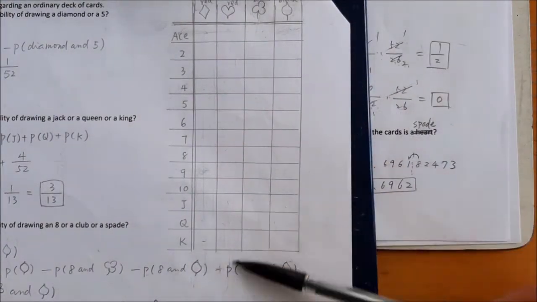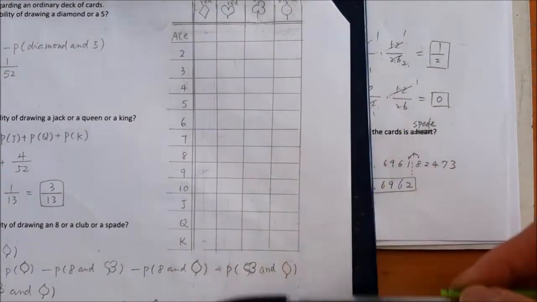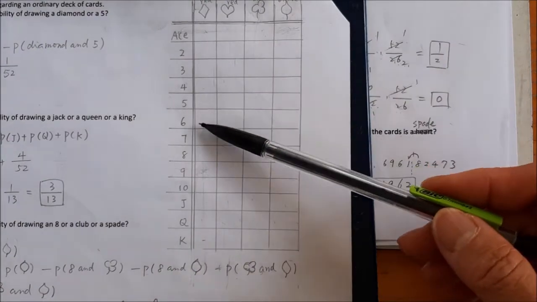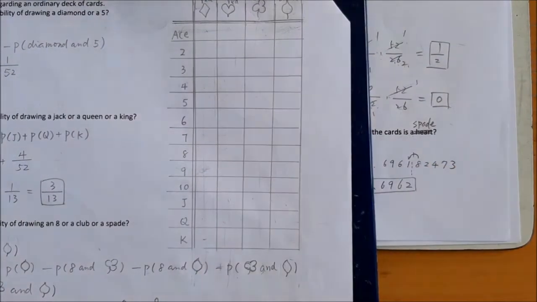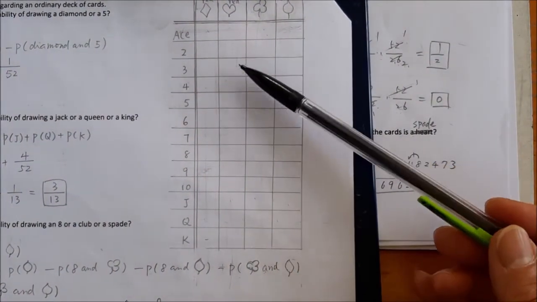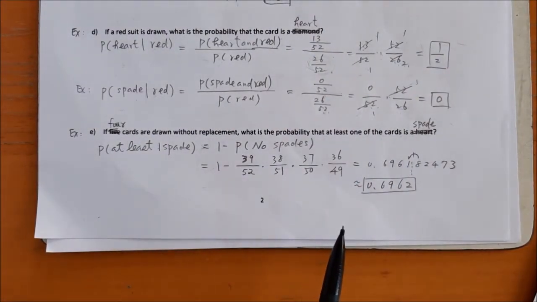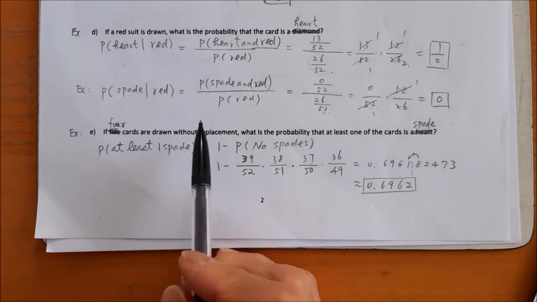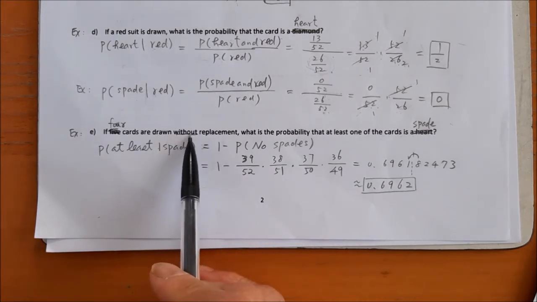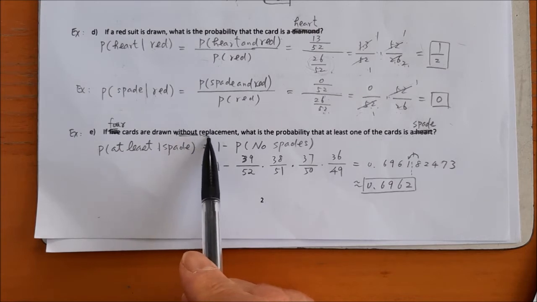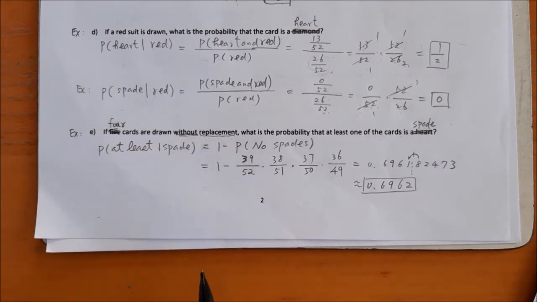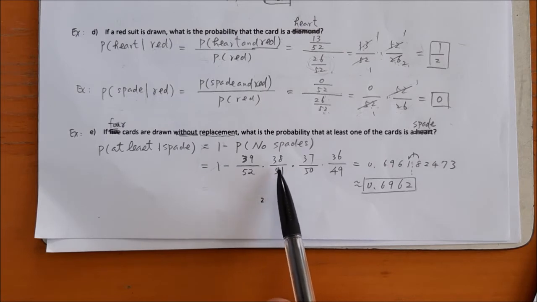So there are 13 add 13 add 13, 39 not-spade cards. So the probability to get a card that is not a spade is 39 out of 52. That's the first card. Without replacement, you do not put it back in, so the total remaining is 51 cards.